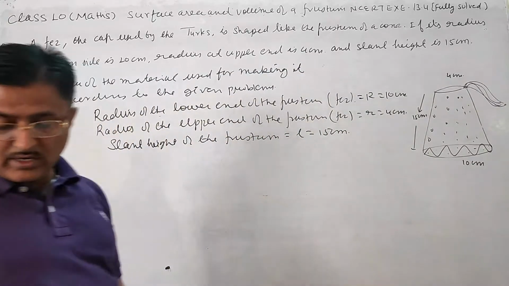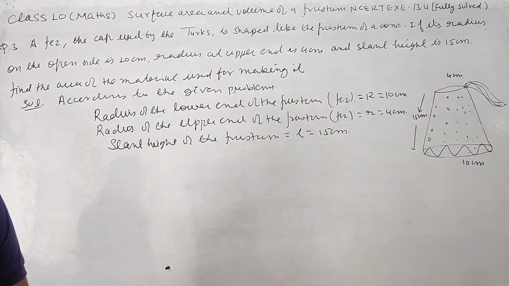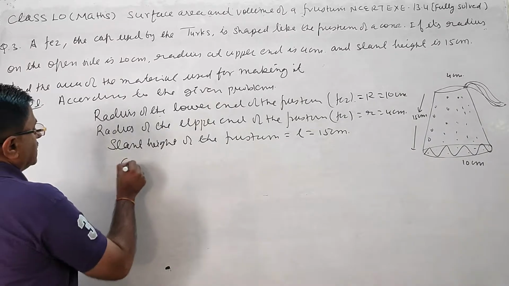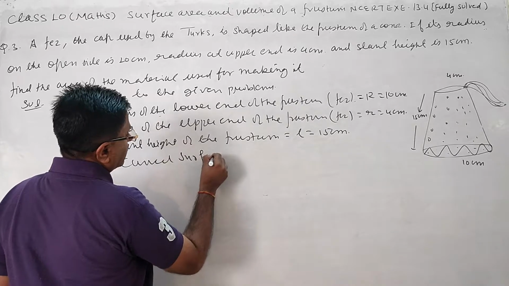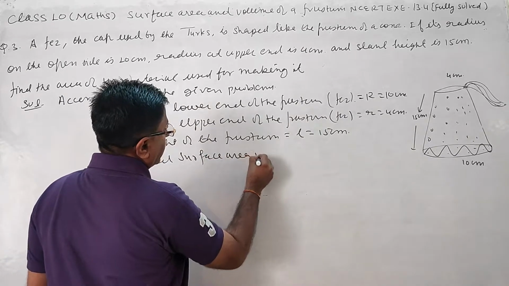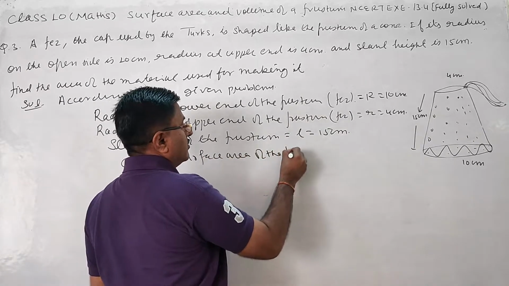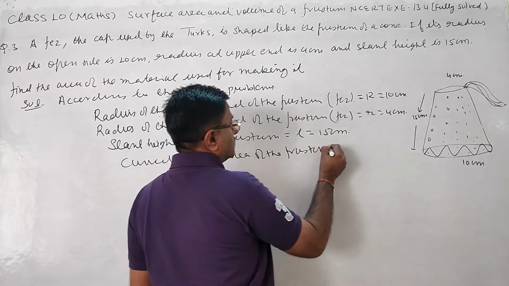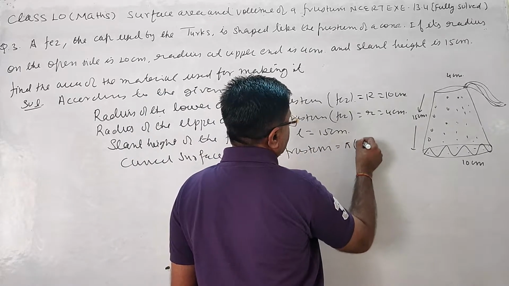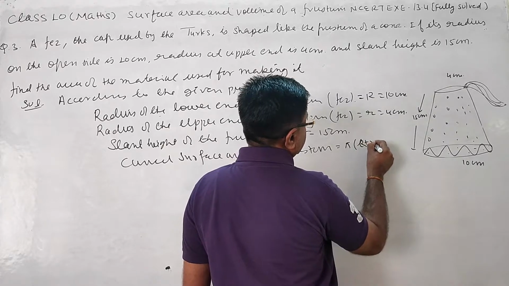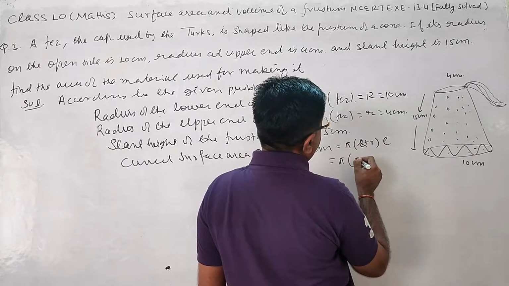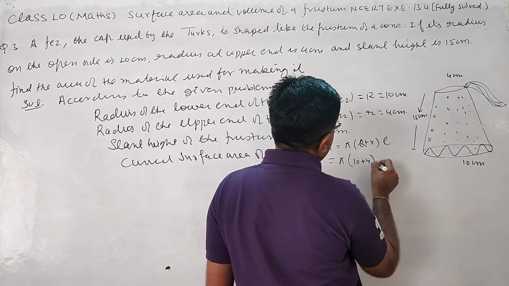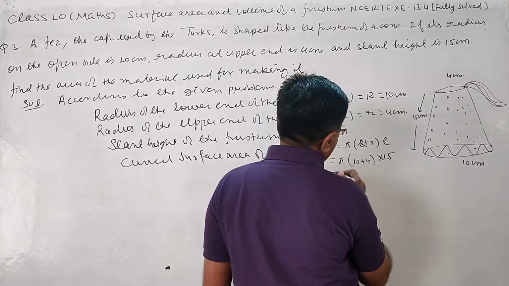Now we find the curved surface area of the frustum. Formula is pi into R plus small r into L. So pi into R plus r is given as 10 plus 4 into 15.